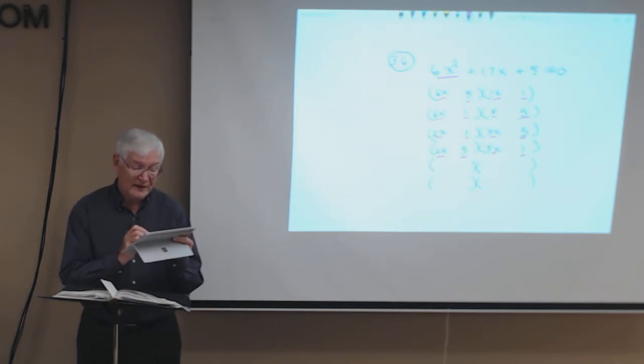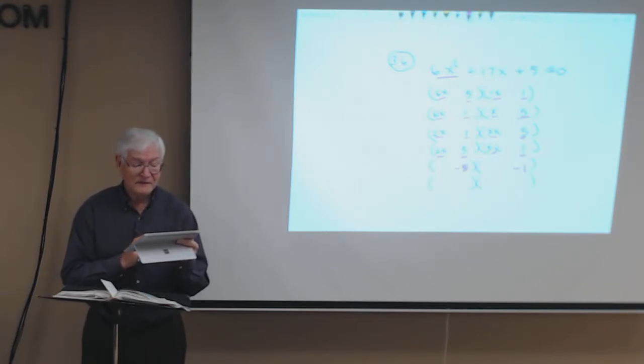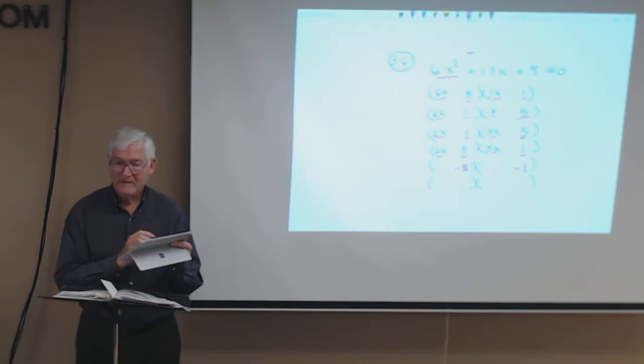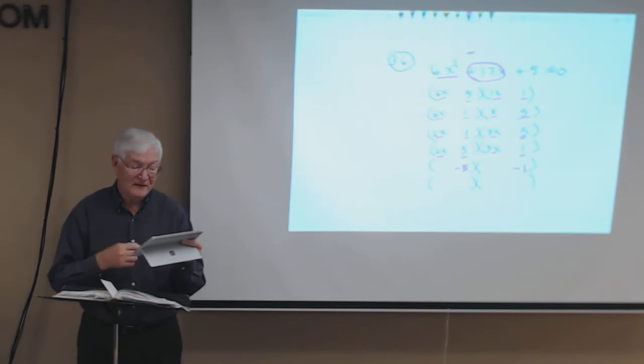Now, couldn't we also have negative 5 and negative 1? Yeah, you could, but that would give you a negative number in the middle, wouldn't it? And since this is a positive 17x, we don't have to mess with negatives. You see how I can kind of eliminate some of the possibilities?